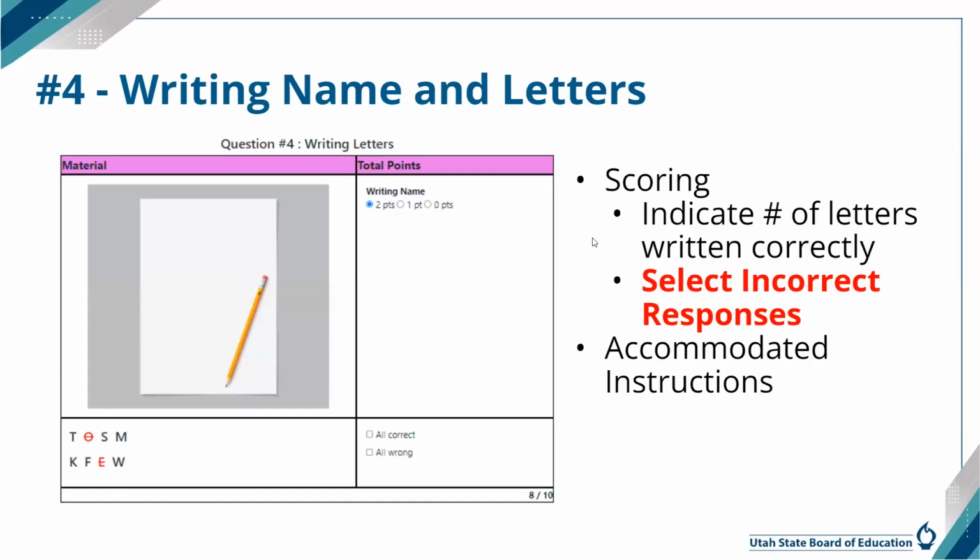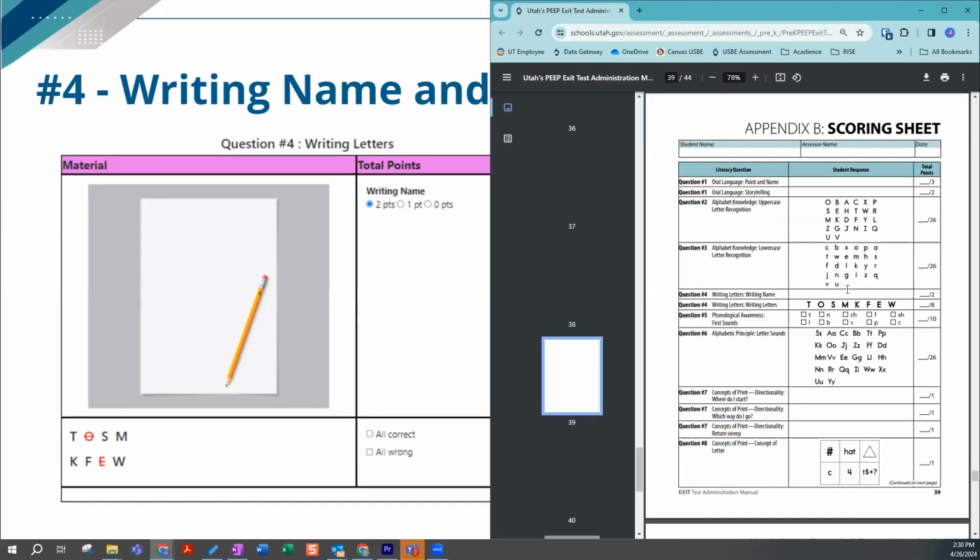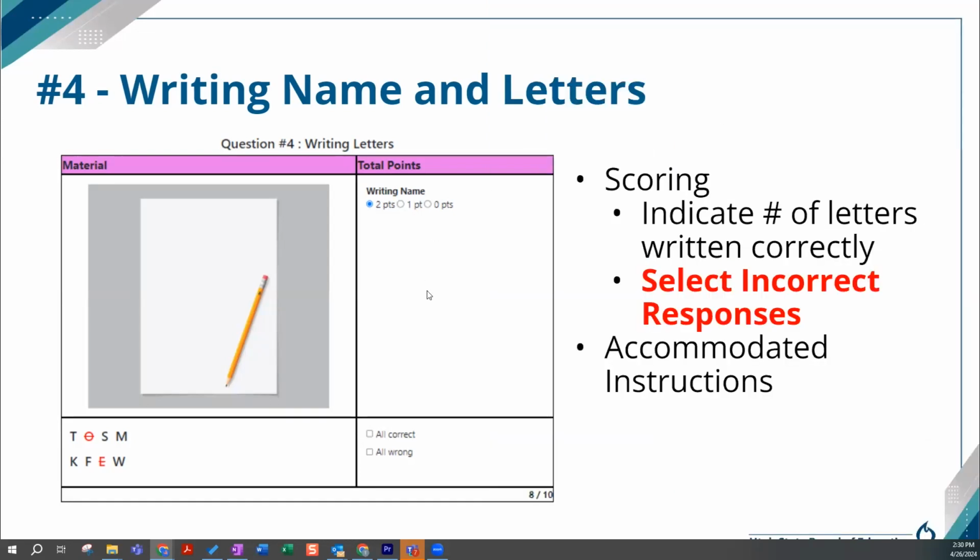And the scoring, when you are doing it on paper, you just indicate for writing their name whether they got the 2 points, 1 point, or 0 points. Any letters that they got incorrect, you put a slash through to show that they got it incorrect. Online, you are indicating the writing the name section and then the letters, and you can select all correct or all wrong for the letters.